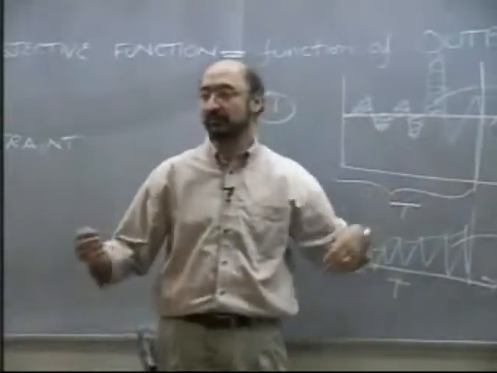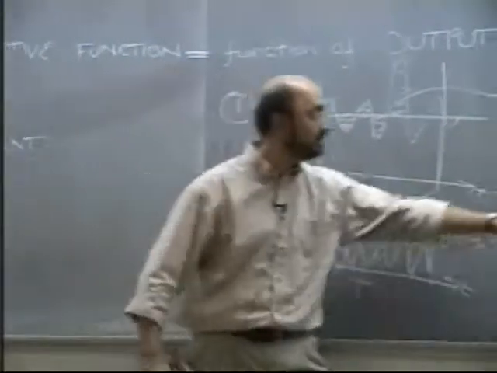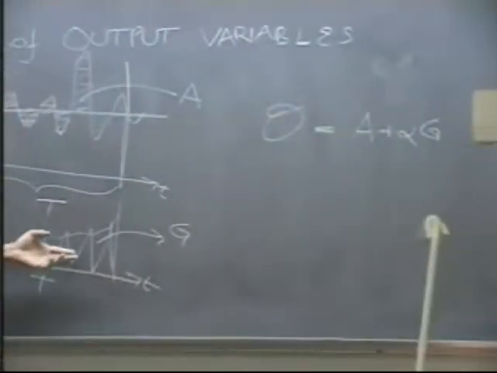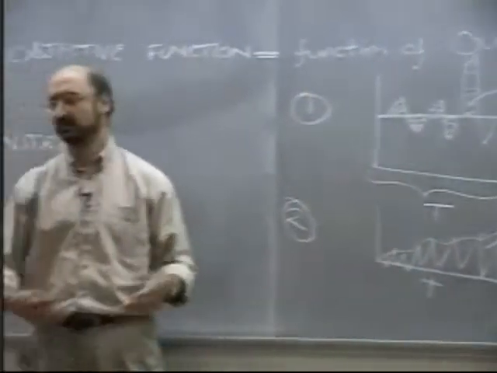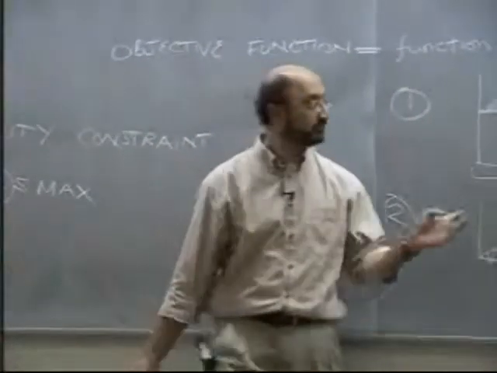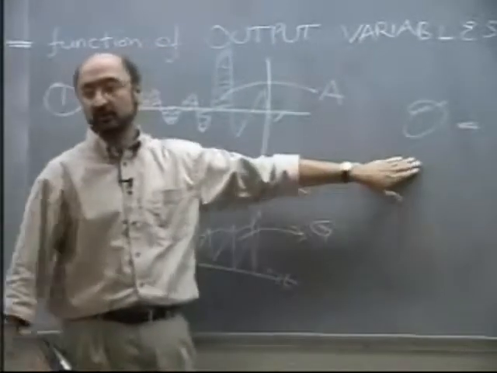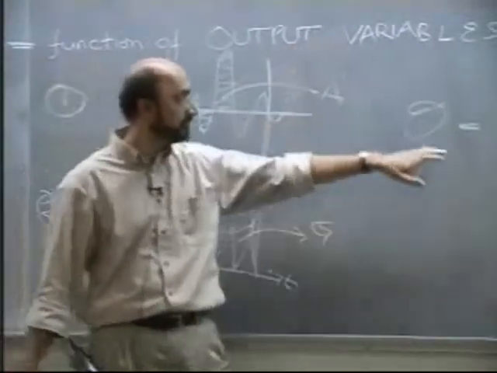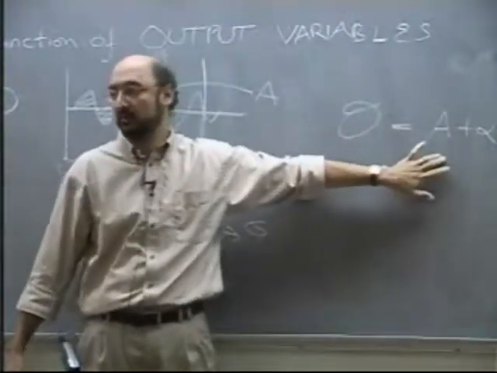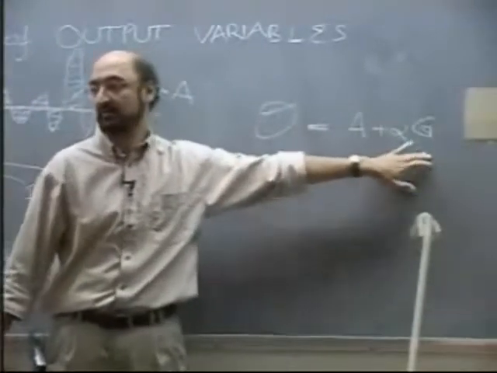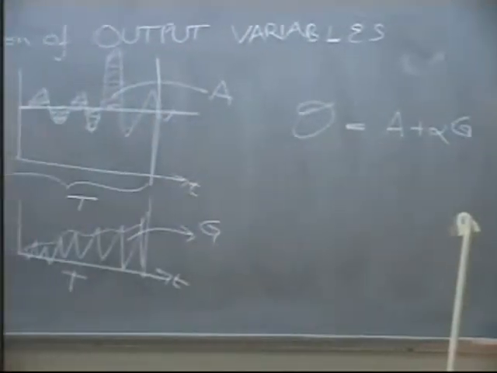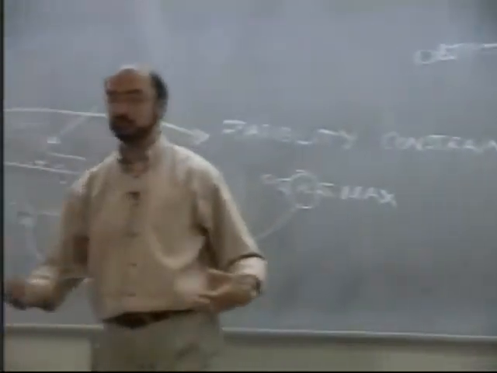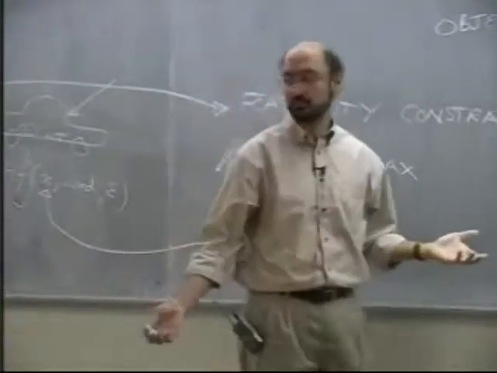So A is a measure of badness. And similarly, G tells me how much gas I used, and it's also a measure of badness because I don't want that to happen either. So O is high when you are away from the set point and when using too much gas, all right? So obviously we can now say that what we want to do is to minimize O, right?